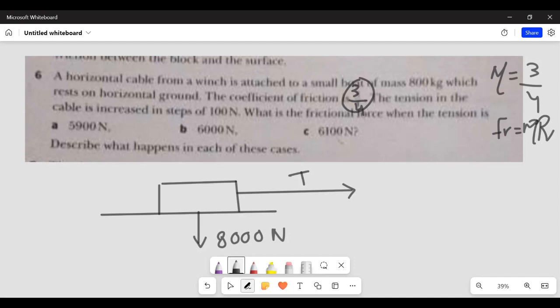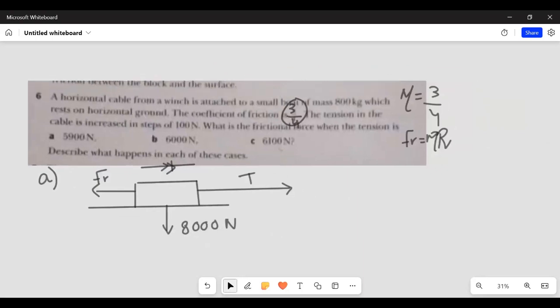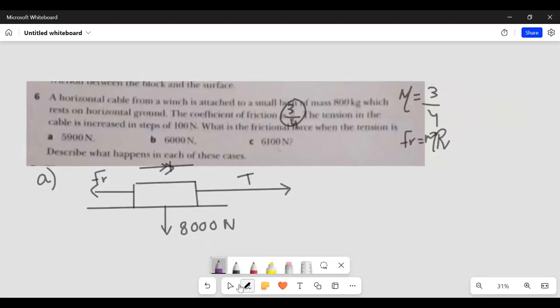Case A here, friction should be in this direction, of course. It opposes the motion. Here's the movement, rightward, so friction needs to be in the opposite direction. I should have also pointed the normal contact force. Of course, if there's contact, then there has to be a force normal to the contact, in the FBD figure.